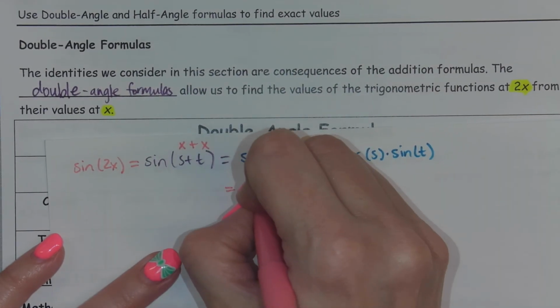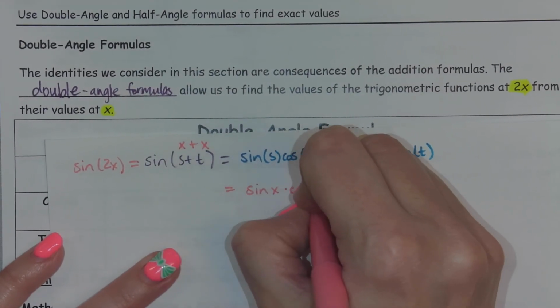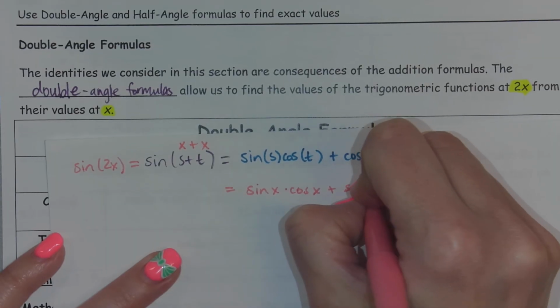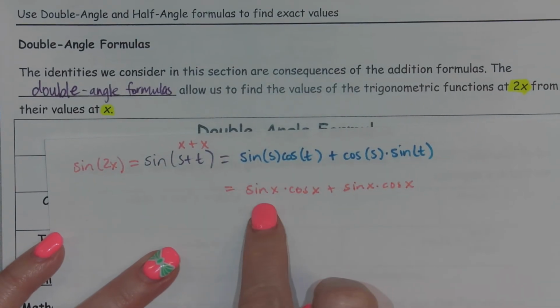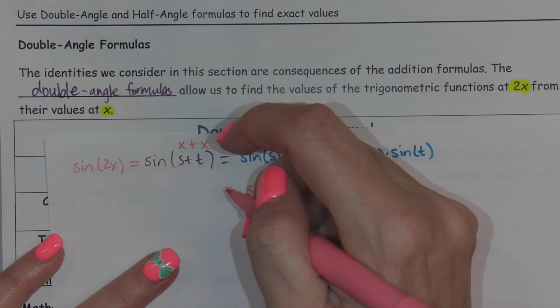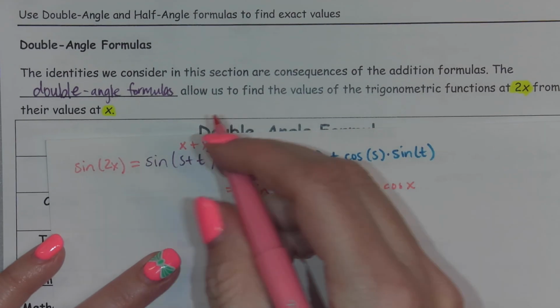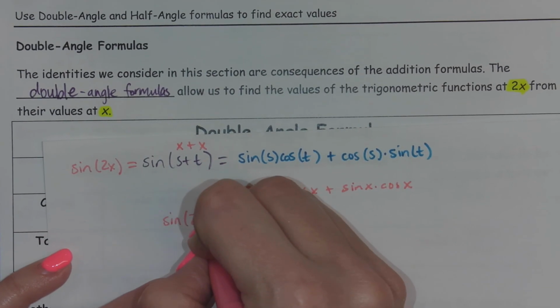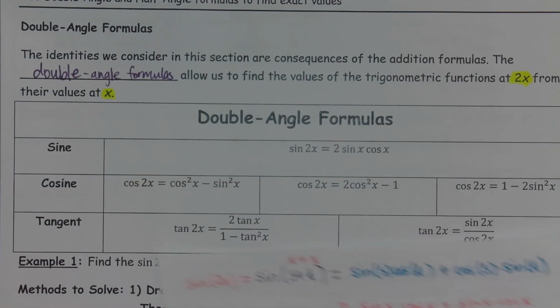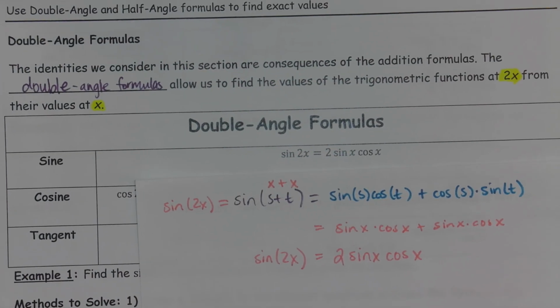So this would be the sine of x times the cosine of x plus the sine of x times the cosine of x. These are the same thing. Okay, so this would be 2 sine of x cosine of x. And if you look here, okay, that is exactly what your formula is.